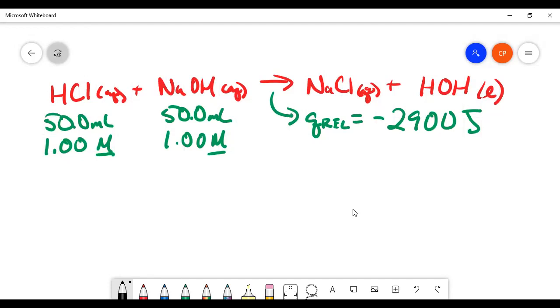Now, this gives us cues about the chemical reaction afoot here. It tells us that there's some property of this chemical reaction that corresponds to release of heat energy.